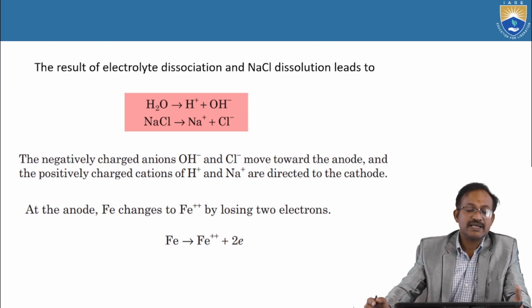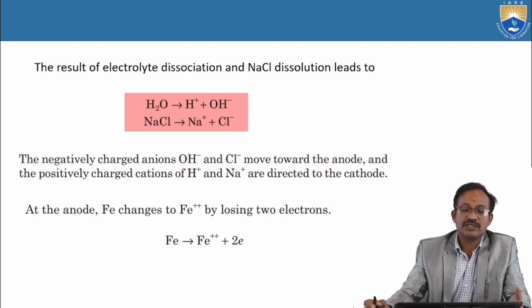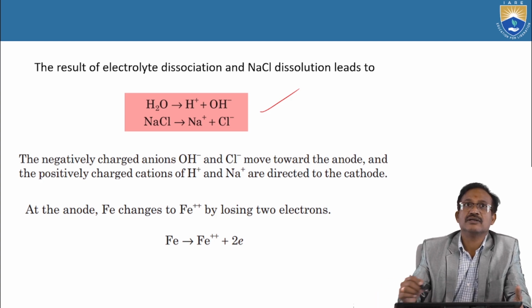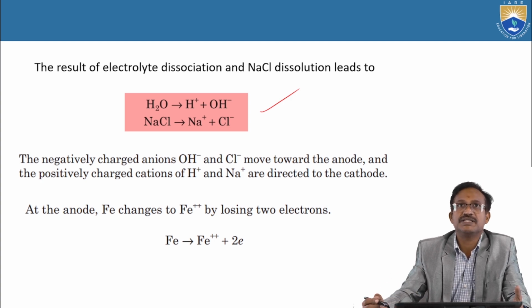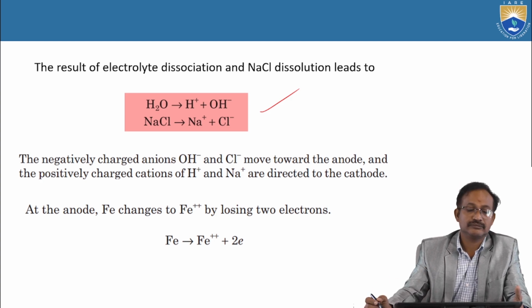The result of water dissociation and NaCl dissociation is H2O giving H+ and OH-, and NaCl giving Na+ and Cl-. This is the basic chemistry of H2O and NaCl dissociation.